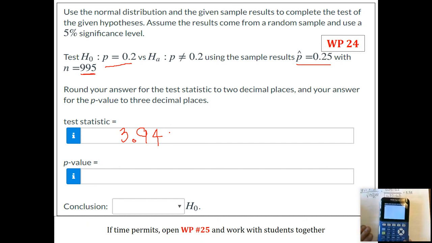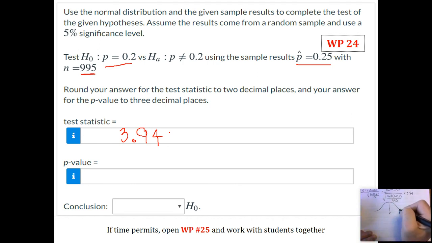So I'm going to go to my calc, and in my calc, remember, I'm calculating area here. I want to know the area of 3.94 going right. Let me draw that out for you for a second. I now know that on a normal distribution with 0 being the center, I have a 3.94 z-value right here.